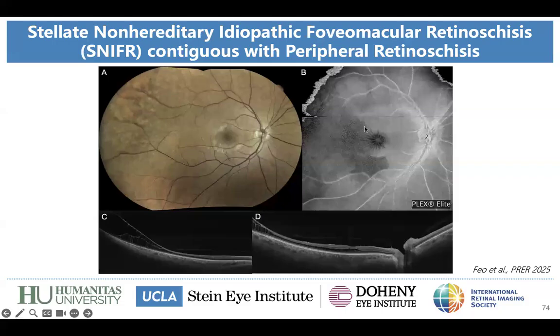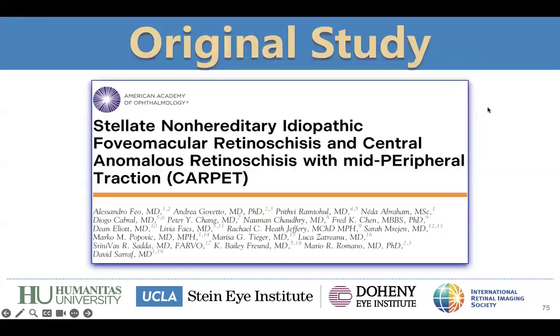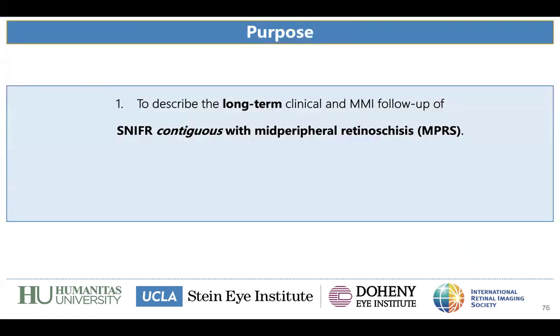This is an example of SNIFFER, so stellate non-hereditary idiopathic foveomacular retinoschisis, and I'm very excited to present also the results of these recent studies that we have just published in Ophthalmology Retina. So essentially, we use a multimodal imaging approach, including ANFAS-OCT, to describe the long-term clinical and multimodal imaging follow-up of SNIFFER, contiguous with mid-peripheral retinoschisis.